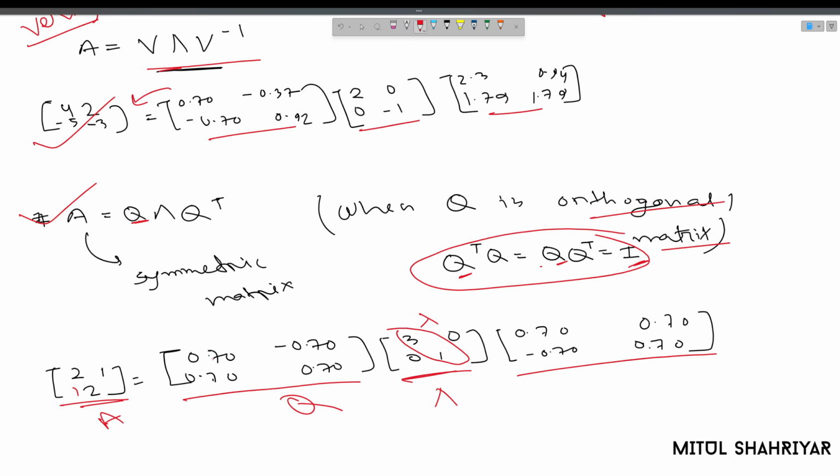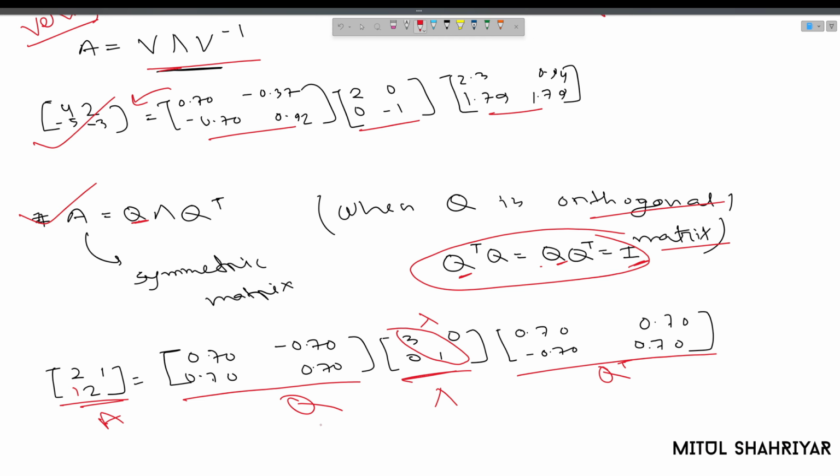Here we have 0.70 and minus 0.70. This whole row will be converted to a column, and this 0.70 has converted to a column. So you can call it transpose. If you're not sure what a transpose matrix is, you can look into that. Now if you multiply them, you will get it.